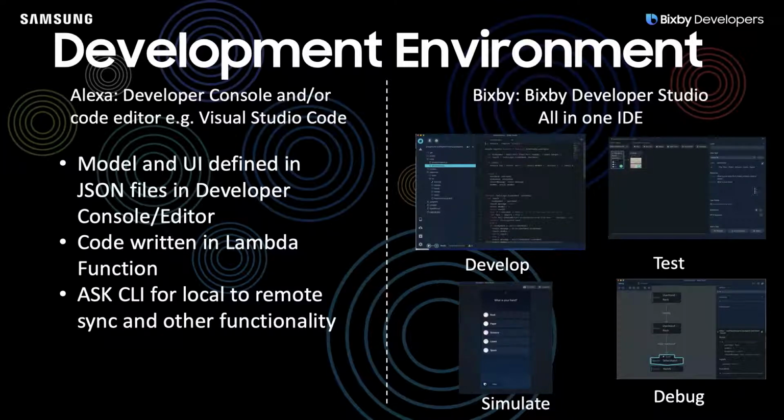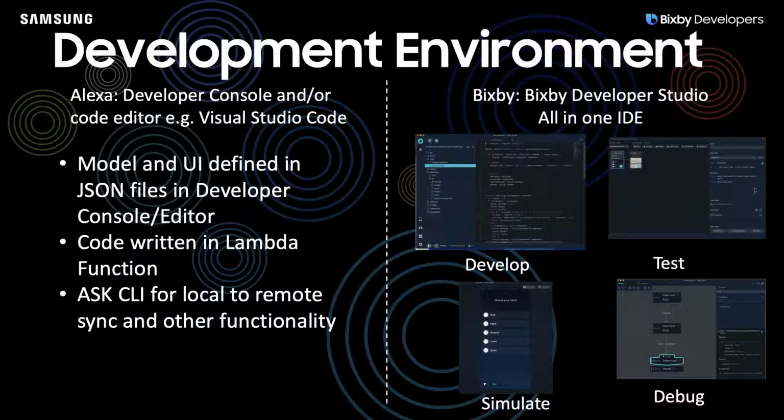And if you're doing things locally, using Ask CLI to remotely sync, and some other functionalities to manage some capabilities in your Alexa skill. On the Bixby side, you do everything in a single IDE, the Bixby Developer Studio.